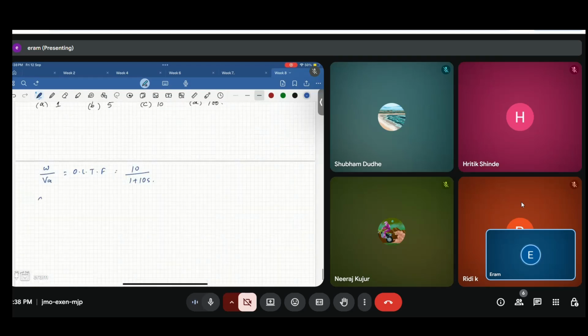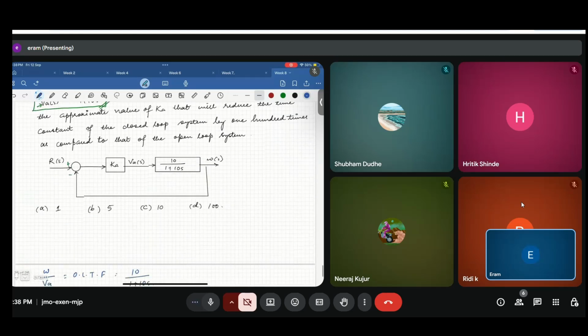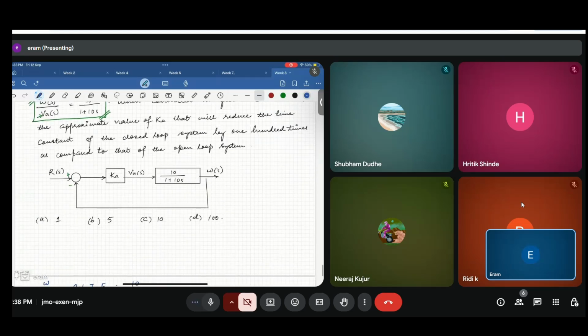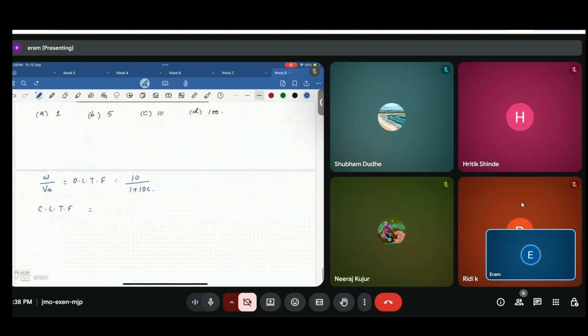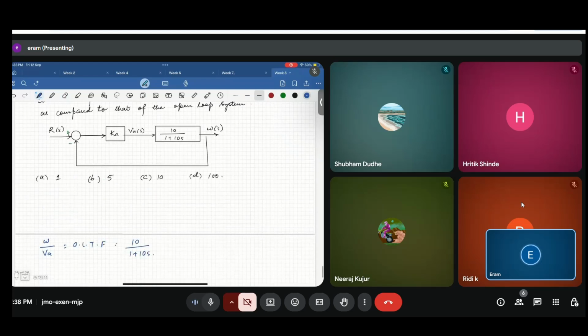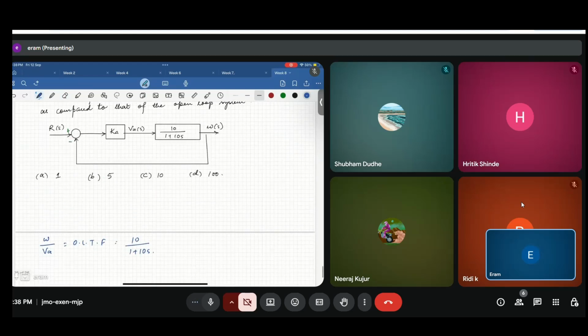So what will be the closed loop transfer function? Okay, first tell me what is the time constant of open loop transfer function? 10.